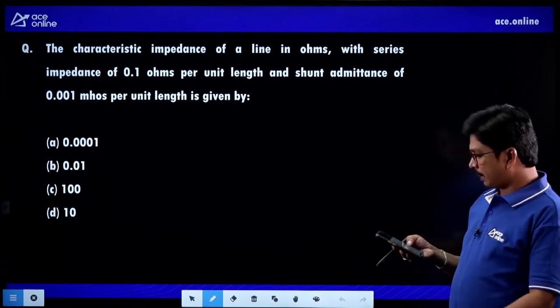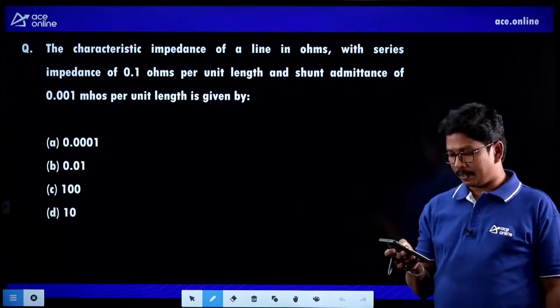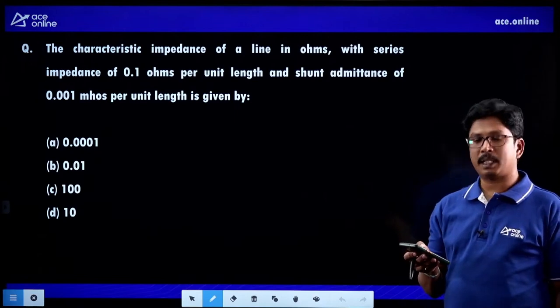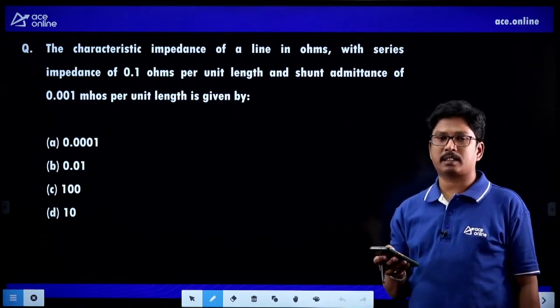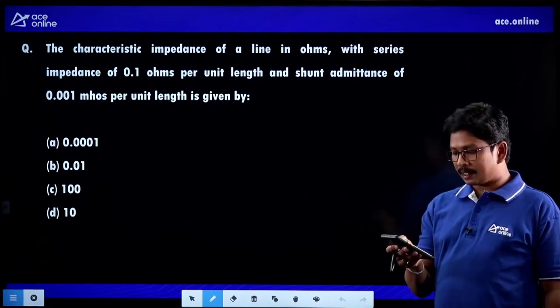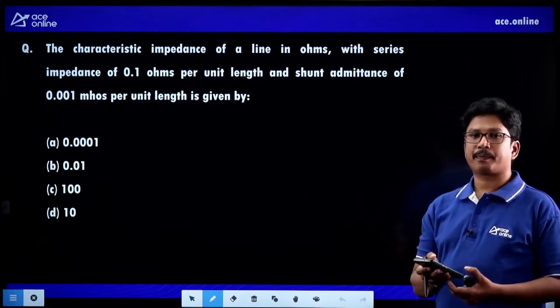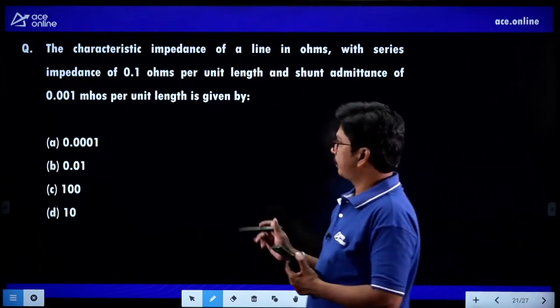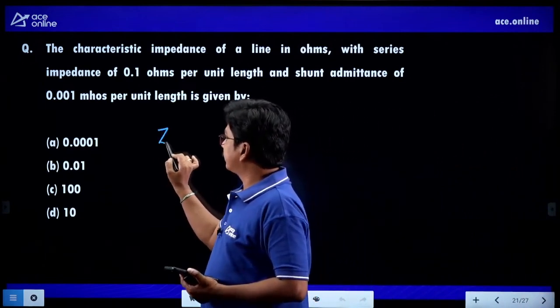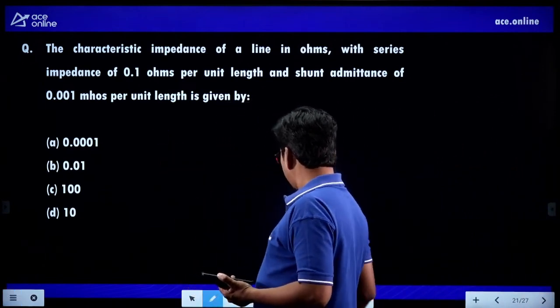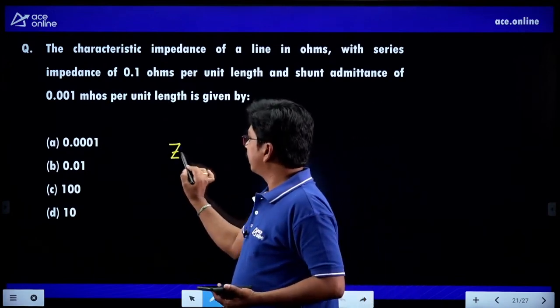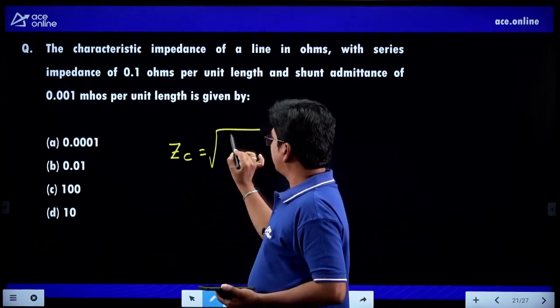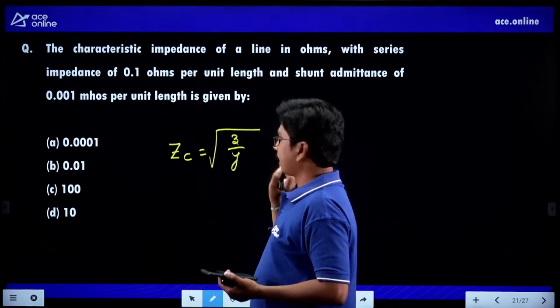Whenever series impedance and shunt admittance are given, what is the characteristic impedance formula? ZC. What is ZC, students? The value of ZC is root of Z by Y.